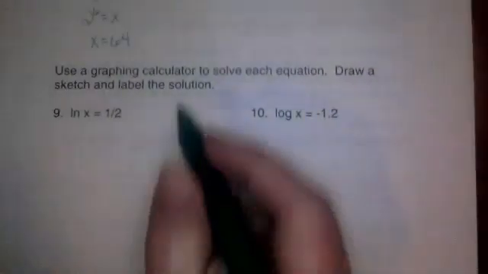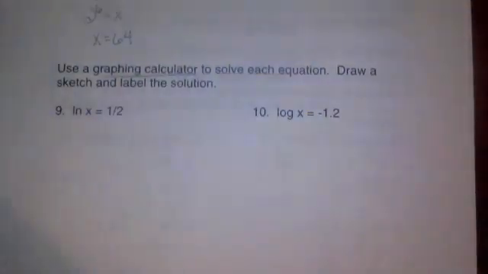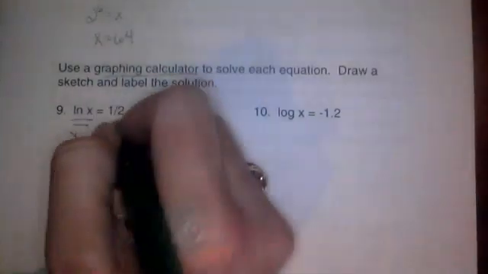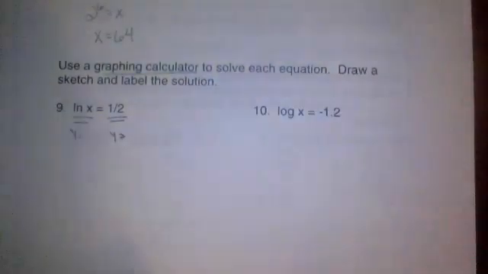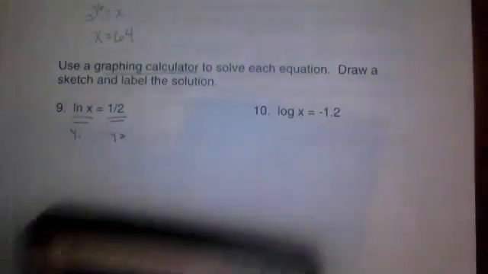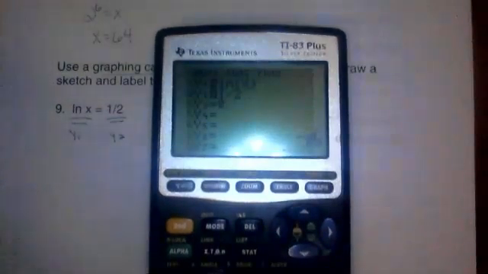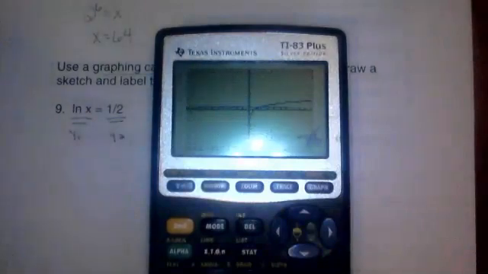All right, these last two are just calculator problems. So you can use Desmos or you can use your TI app. And we're going to put the left side in y1 and the right side in y2 and just solve. So here we are, left side y1, right side y2. I'm going to zoom 6 and take a look.